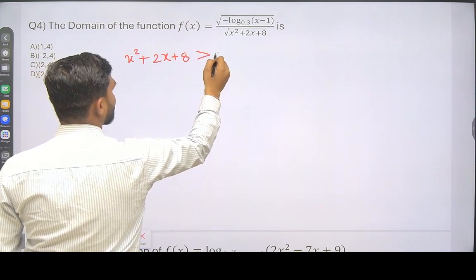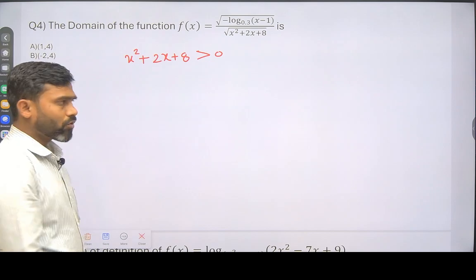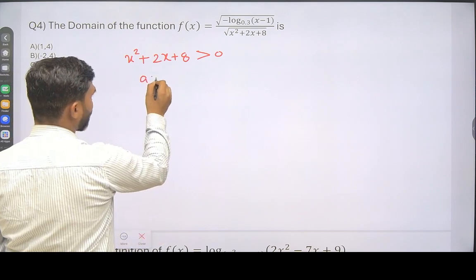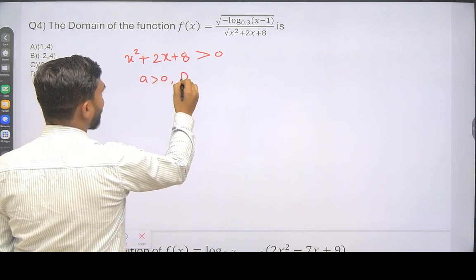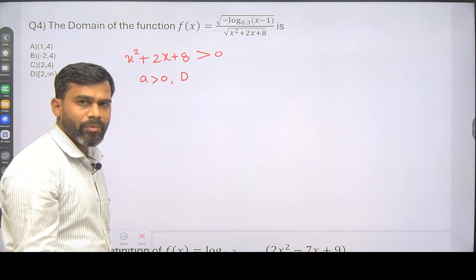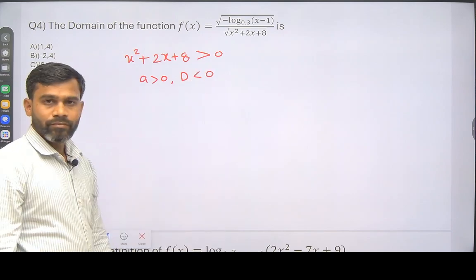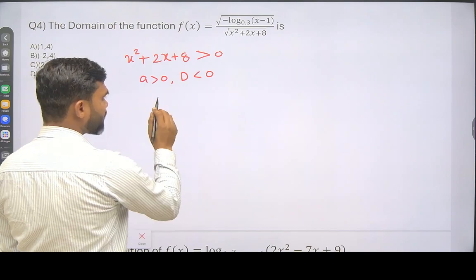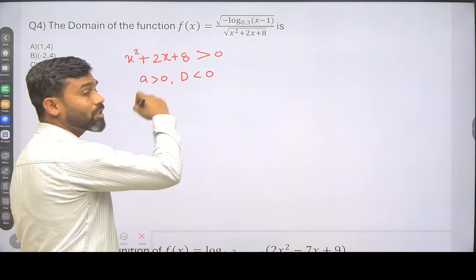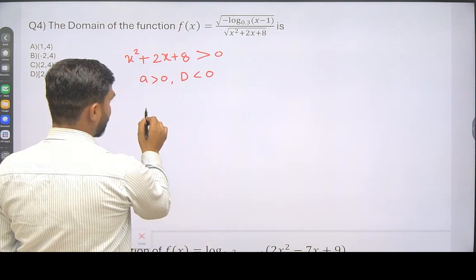It should be greater than 0. As you can see here, a is positive, and d, the discriminant b square minus 4ac, is negative. So if a is positive and d is negative, always remember the whole expression will always be positive.